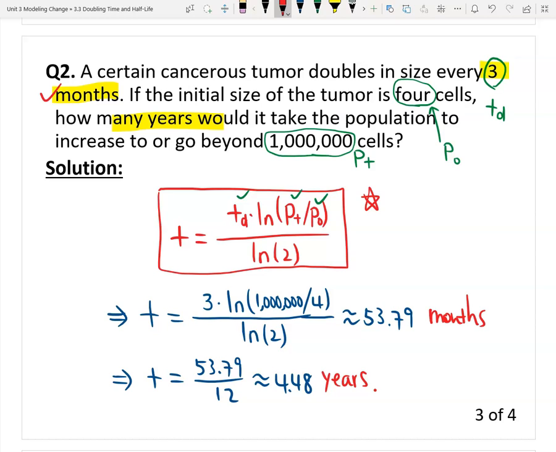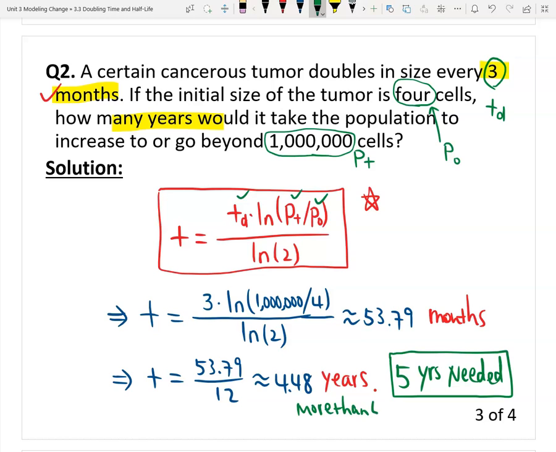If you need integer years, do you think it is 4 years we need or 5 years we need? Keep in mind, this means 5 years needed. We just said the reason, right? Because it is more than 4 years. Okay, so that's this question.